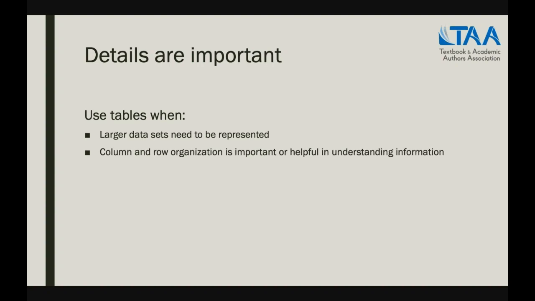Column and row organization, if that's important, if that's helpful in understanding how information is related, if column headings or row headings can help describe the data, then instead of coming back and trying to express in words, we're now in this region, but we're talking about this particular category of data, these cross sections, particularly when both rows and columns are using labels to describe the individual cells, a table becomes more effective in communicating that than trying to do so in a narrative form.